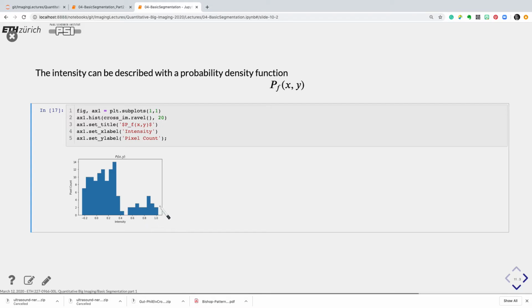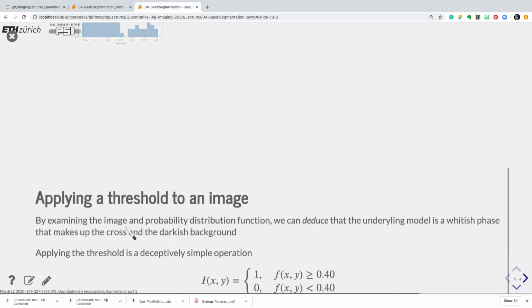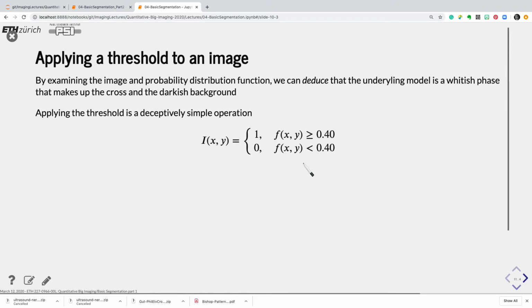So separating the two in the image means that you can put some kind of threshold here at this point, and you would make a pretty good separation between the two materials. And this is what we're doing. So this is setting a threshold that if it's greater or equal than 0.4, then we set it to 1. And if it's less, then we set it to 0.